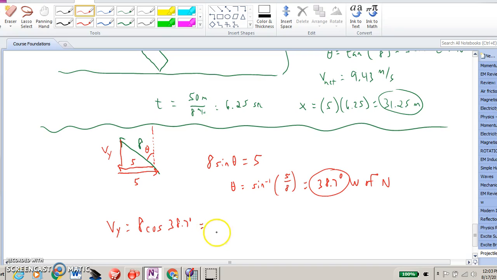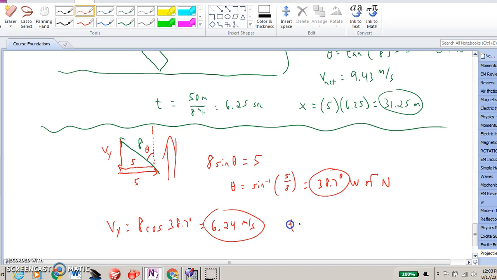If I calculate that out, it's a little over 6, almost 6 1/4, 6.24 meters per second. That's the speed that's actually making you travel straight across the river. The fact that you've negated what the river's trying to do to you sideways means that at 6.24 meters per second, you get across the river.